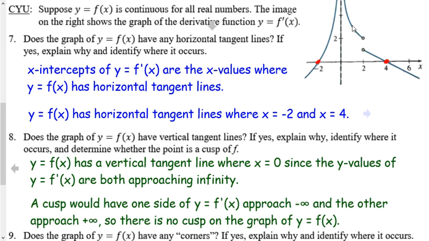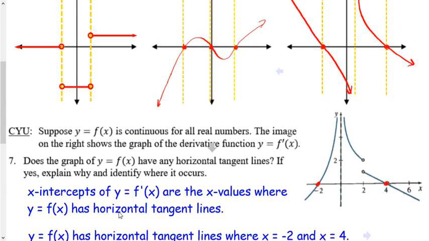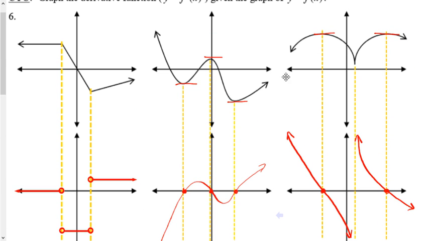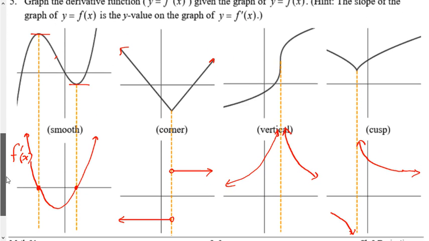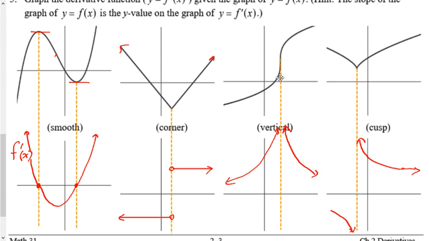So a cusp would have had one side of my derivative function approaching negative infinity and the other approaching positive infinity. So again, as we look up here, where we had this cusp, one side goes to positive infinity, one side goes to negative infinity. On our previous page, we had this example where we had the vertical tangent line and left and right sides were approaching positive infinity.